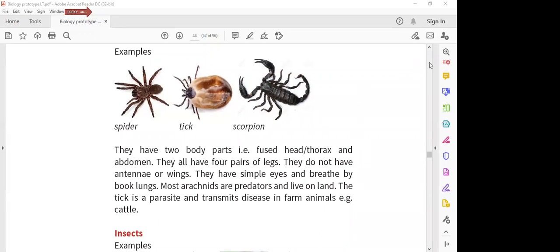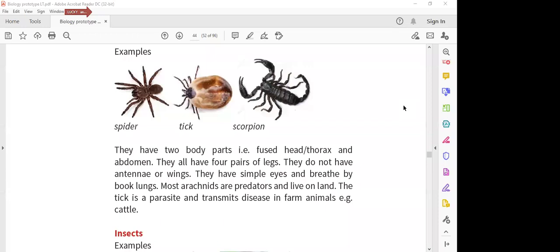So from that class, what we have picked from that literature, one, we have picked the examples. The spider is very common to us, the tick is common to us, the scorpion. And the similarity they have with the previous class of Crustacea is the fused head and the thorax, forming what we call the cephalothorax, and then the abdomen.